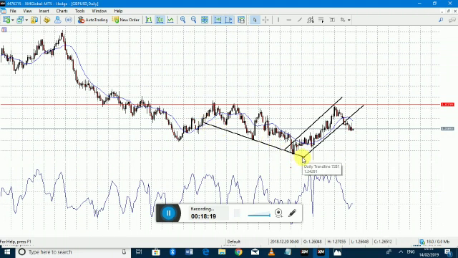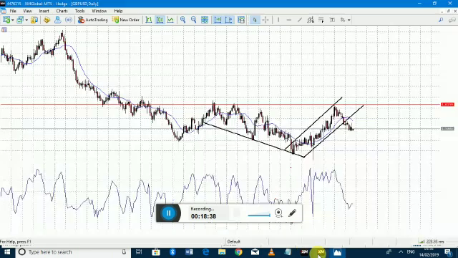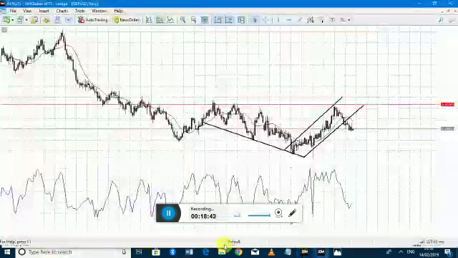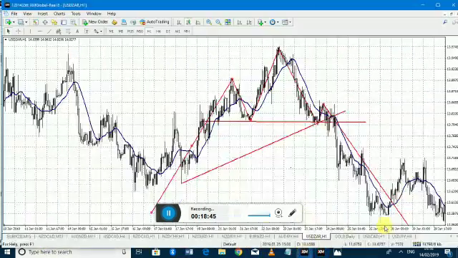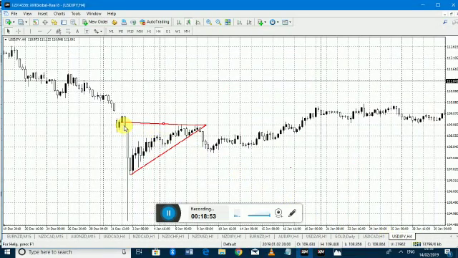The next pattern we'll be looking at is the ascending triangle, guys. I also gave out this signal; you will see it on the USD chart if you go back to 3rd of January. So this is an ascending triangle.